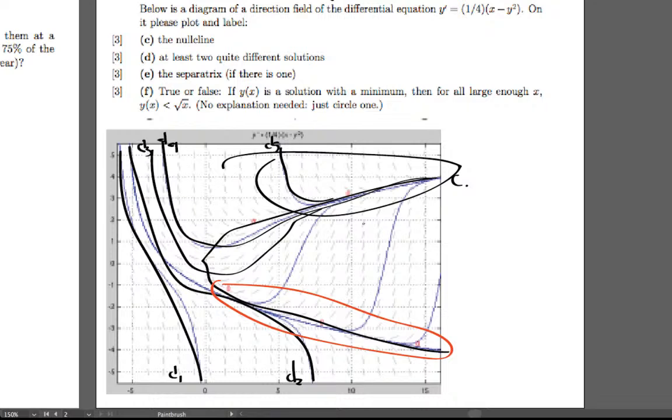It stays below the upper branch of the null line, which has equation y equals square root of x. Huh? Really? Wait, really? I cannot really tell.